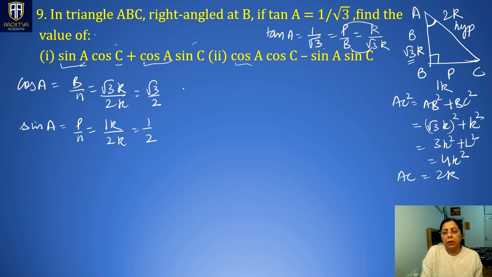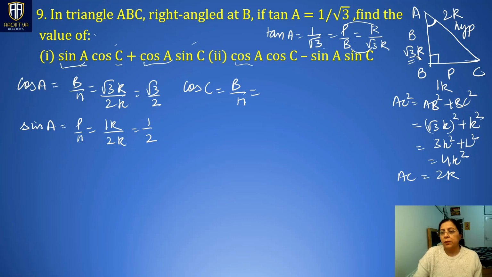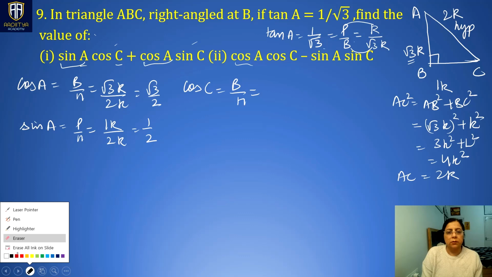Right? Now I am taking ratios about C. Cos C is base upon hypotenuse. But for C, we have to reverse these sides. The values of sides do not change. They are fixed. We have only to flip the sides between base and perpendicular.